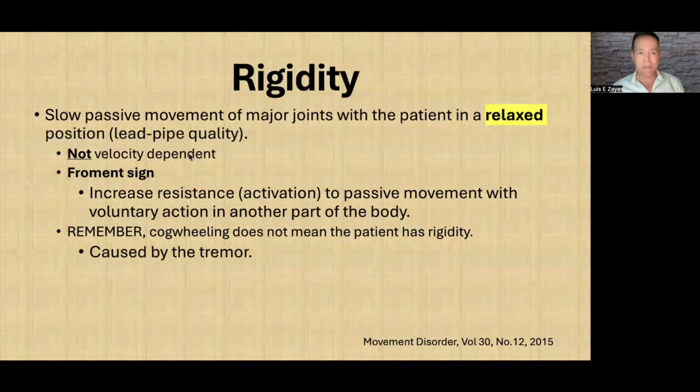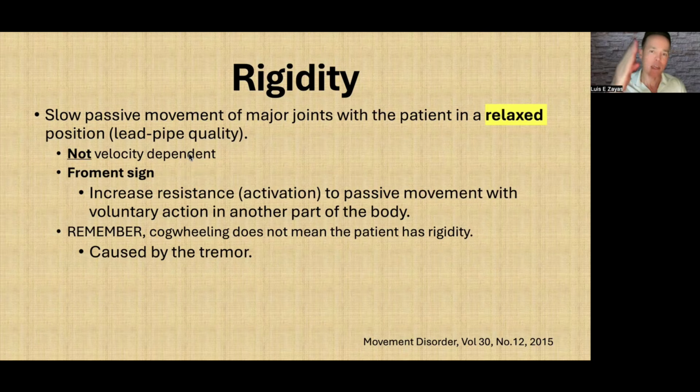And this is not velocity dependent, different from spasticity. Spasticity is velocity dependent, depending on how fast you move the joint. Here it doesn't matter, it doesn't matter the direction. If it's up and down, you feel the stiffness, you feel the rigidity. In spasticity, the direction is also important. It is so important that you know how to differentiate between rigidity and spasticity, because the etiology is different.